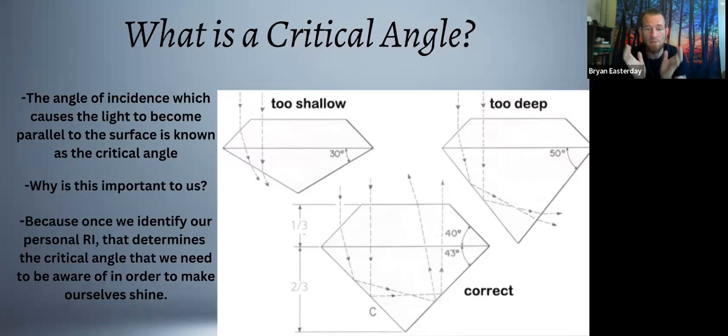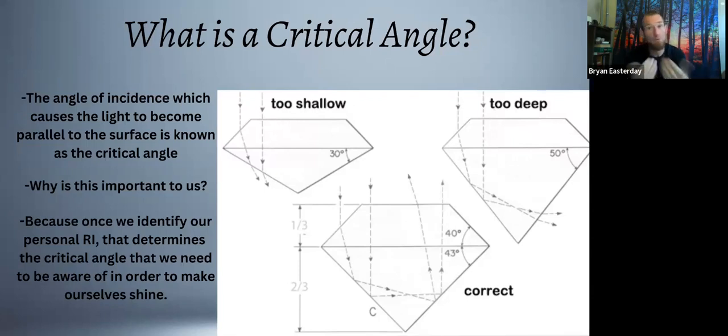So your critical angle is the parameters through which you live your life. These are the boundaries that you must stay within inside that critical angle. Otherwise, your RI won't shine, because if it is too shallow or too deep, your light is not going to be refracted back in the best way possible. So the critical angle is really us structuring ourselves and our life in such a way that we have parameters and boundaries which allow us to be our best selves.